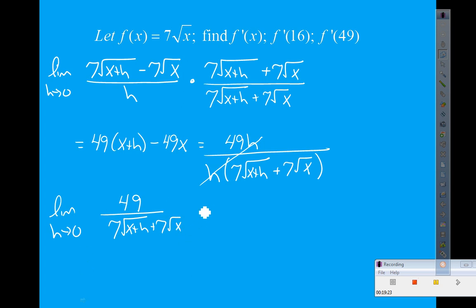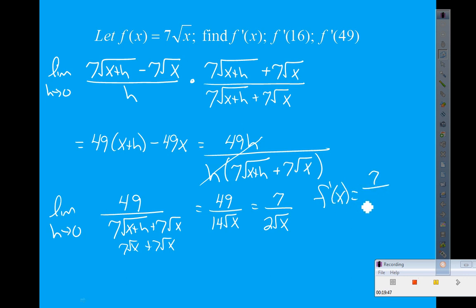Let h go to 0, so I've got 49 over 7 radical x plus 7 radical x, which is 14 radical x. So it looks like in this case it's going to be 7 over 2 radical x. Okay? So notation, you got to write this for me. F prime of x is 7 over 2 radical x. I'm not going to waste your time and find f prime of 16, because you can use your calculator and do that for me. But there's what we got so far. And I'm getting close to done, believe it or not.